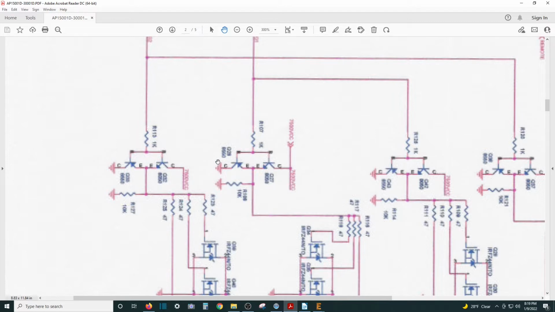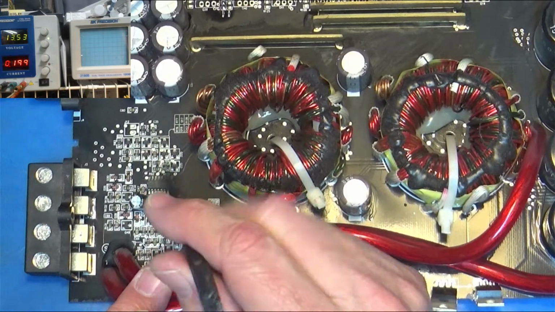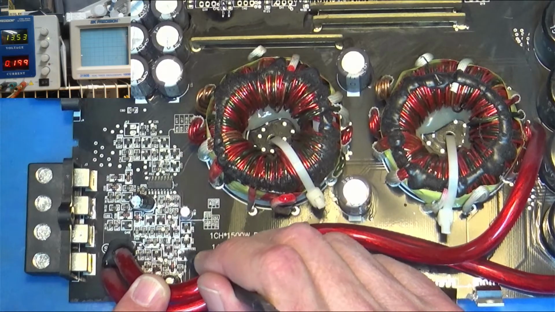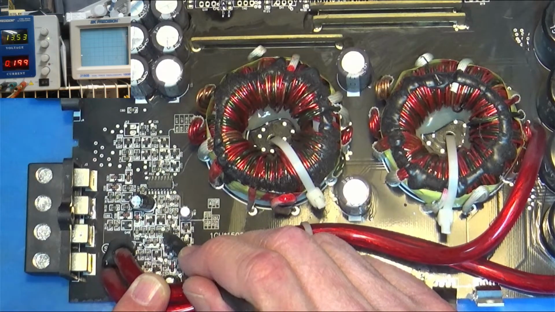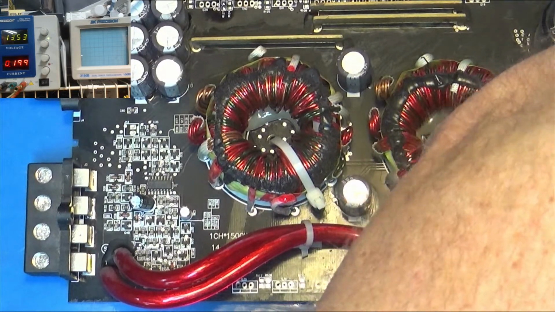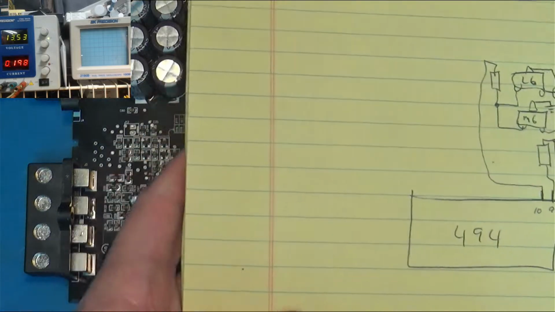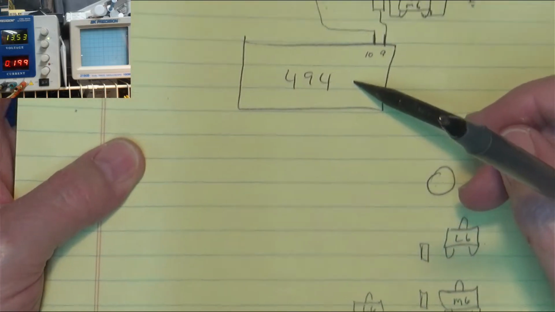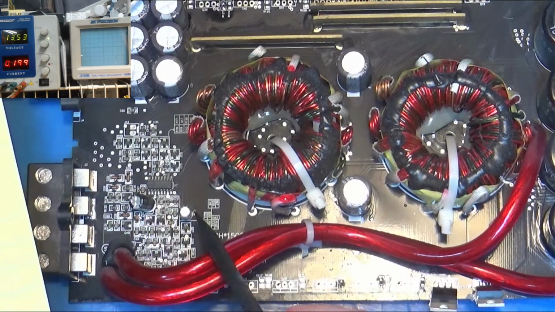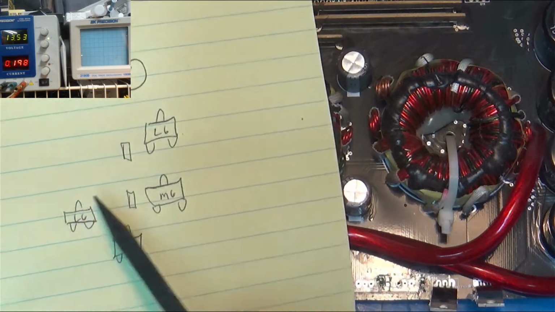I don't know what these are because I can't read that, but we know that it's this little group, that little group, and that little group. I traced it with the multimeter a little bit, and doing that, I also kind of drew it. I just drew a little schematic layout of it here, where the 494 is. That's a cap, sorry, that cap right there, and then these would be the transistors right by it.